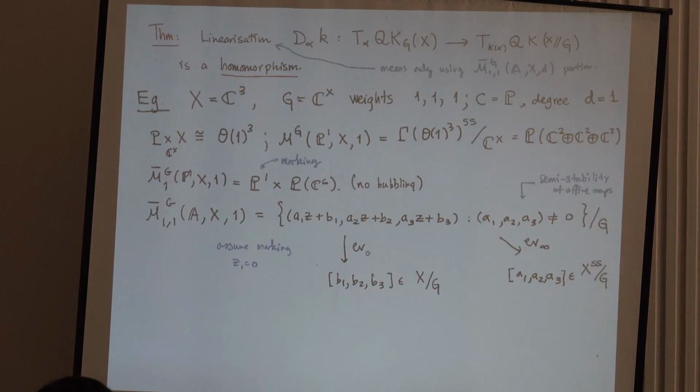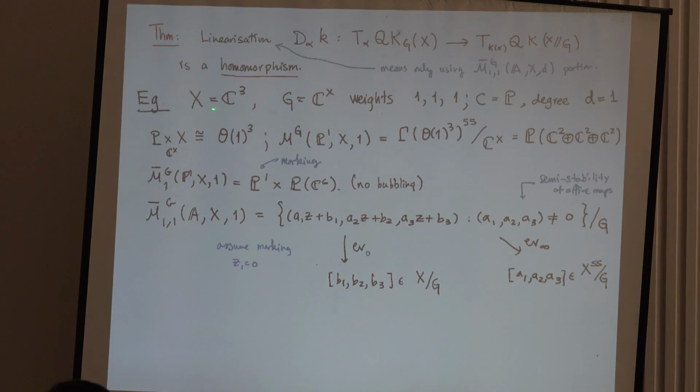And moreover, the linearization of that map, meaning if you truncate the terms that have higher degrees and just look at the degree 1 map, is a homomorphism in quantum K-theory. So in particular, you can use this homomorphism to get relations in quantum K-theory.